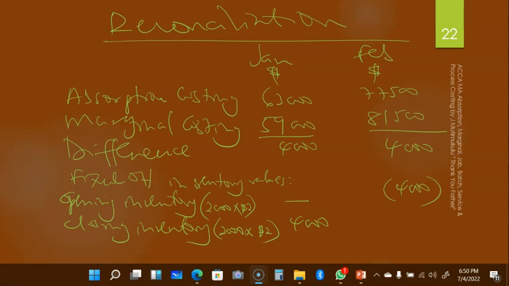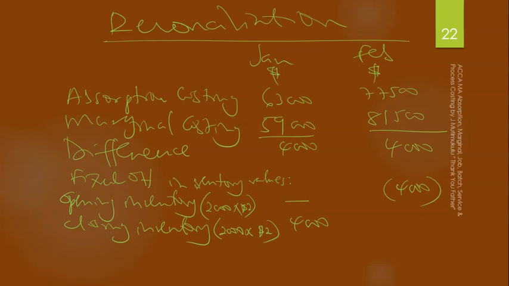So you can see that it is the issue of these fixed overheads within the inventory values which explains why we have the differences.